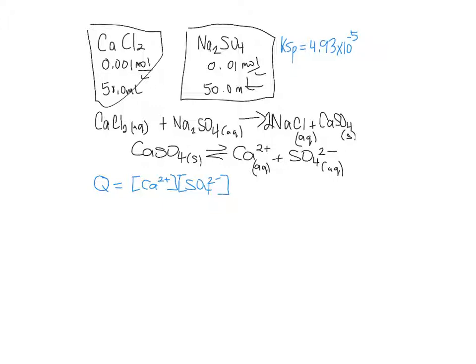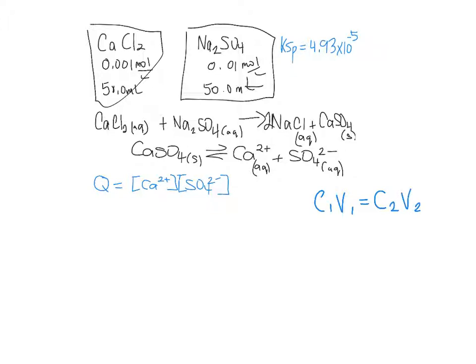No. I changed just the volume, so I've changed the concentration. So we use one of the concentration calculations we did last year: C1 V1 equals C2 V2, because the moles are equal.